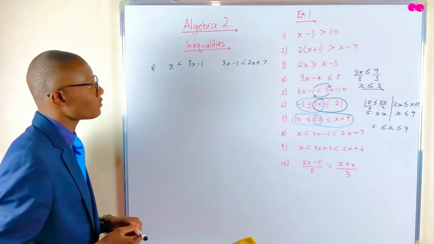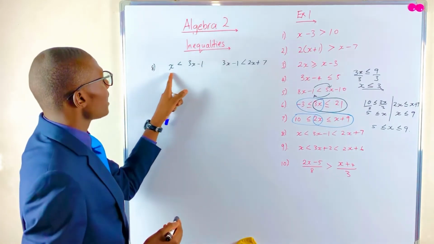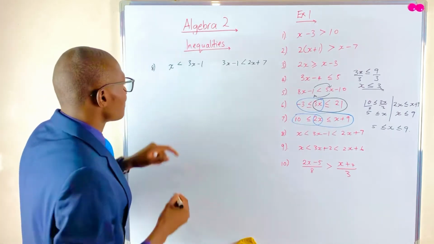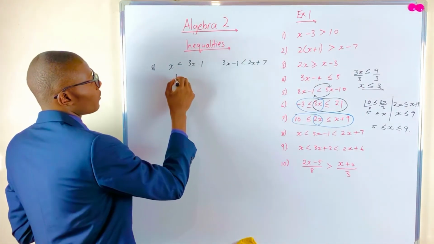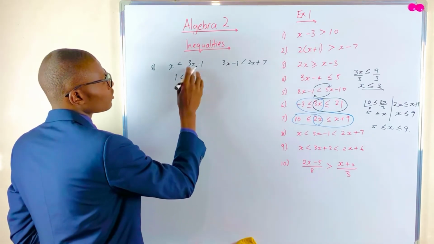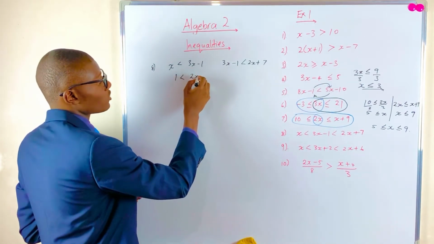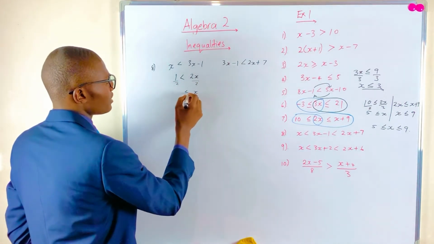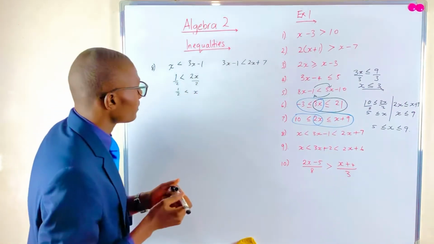Now we solve. If we take this x to the right hand side and the 1 to the left hand side, we have 1 is less than 3x minus x, that gives us 2x, then dividing both sides by 2, x will be greater than half. This is the first part.